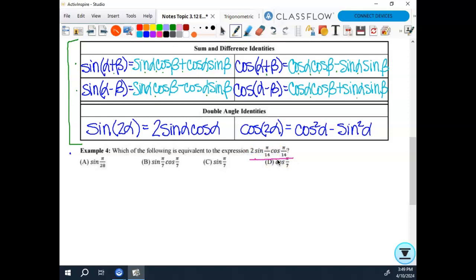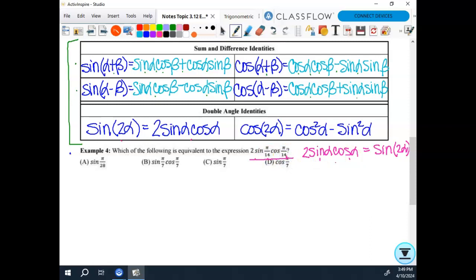I know that I have an identity that says 2 sine alpha times cosine alpha is equal to sine of 2 alpha. It comes from this right here. And here's the pattern, 2 sine alpha cosine alpha. Alpha would be pi 14ths.